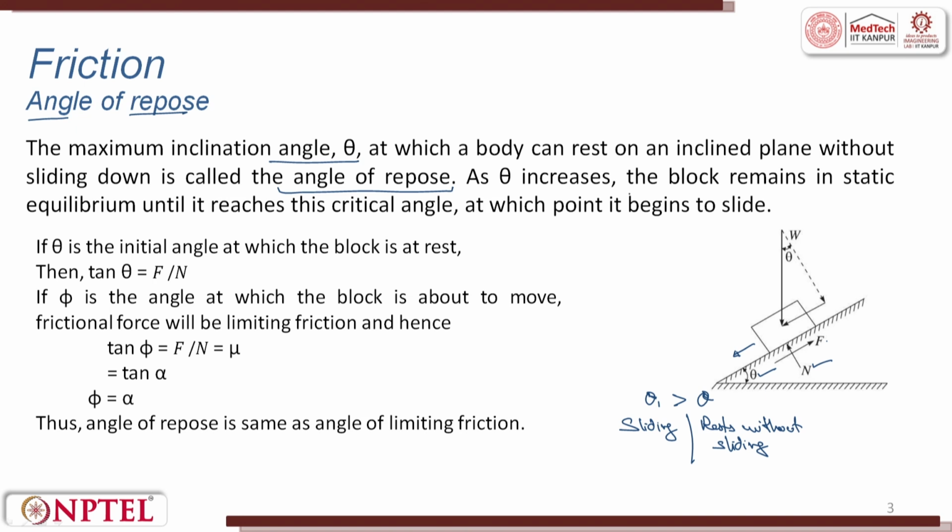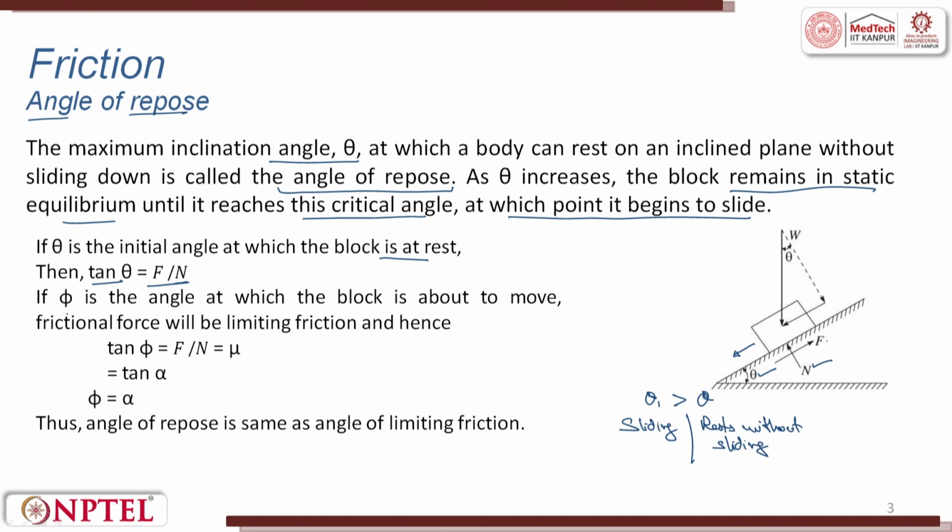As theta increases, the block remains in static equilibrium until it reaches its critical angle, at which point it begins to slide. Theta is the initial angle at which the block is at rest. So, tan theta is equal to F by N, where F is the frictional force, N is the normal force acting at the bottom in the direction normal to the base surface of the object.